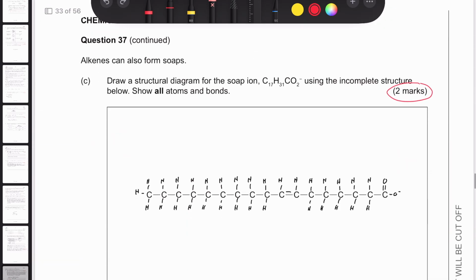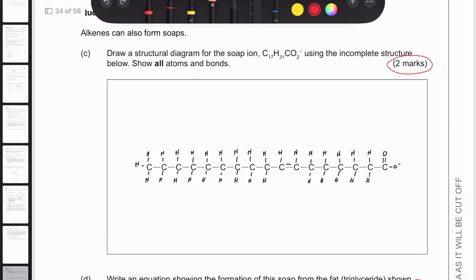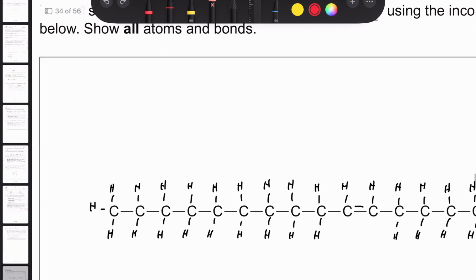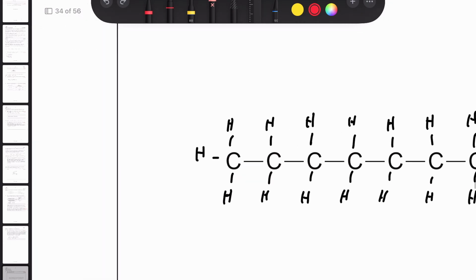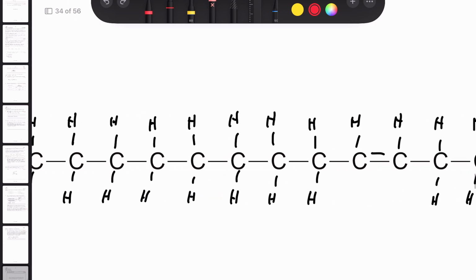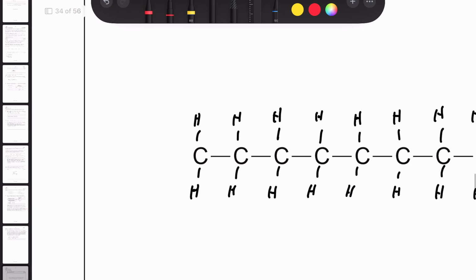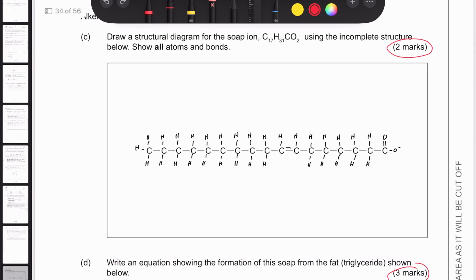And then continuing down, soap ions, I was correct. I think there's an error in the marking key, because they have 18 carbons, so they ended up needing 2 double bonds. That would have been something like this, and then they just move an H or whatever. So they have 18 carbons, which obviously is not correct.